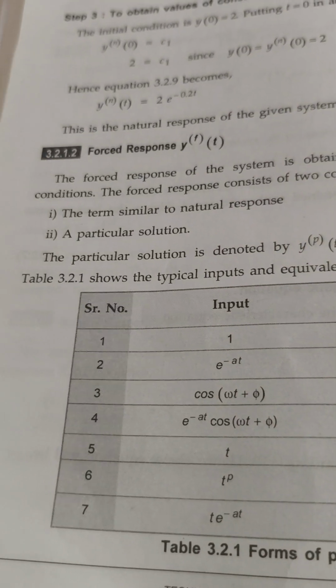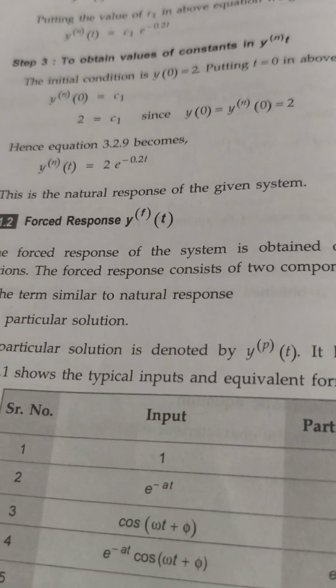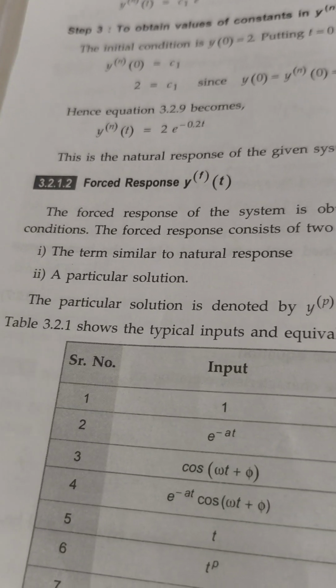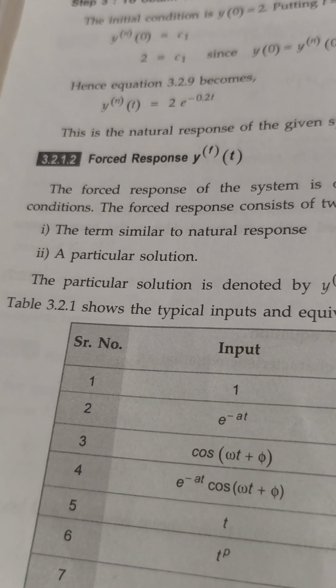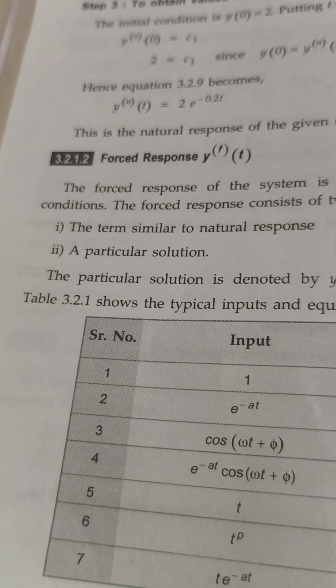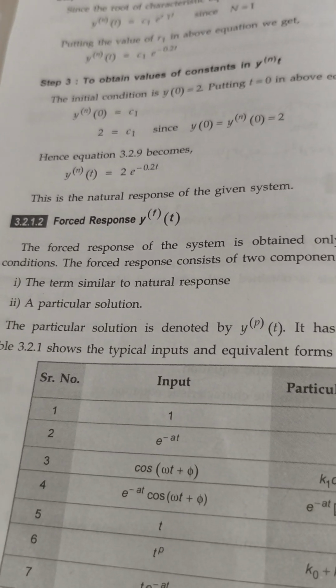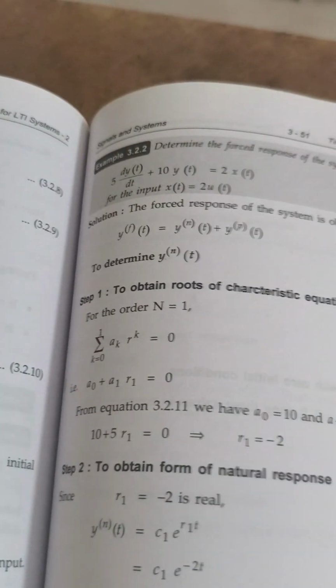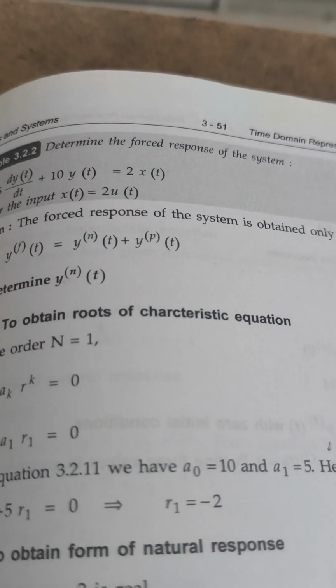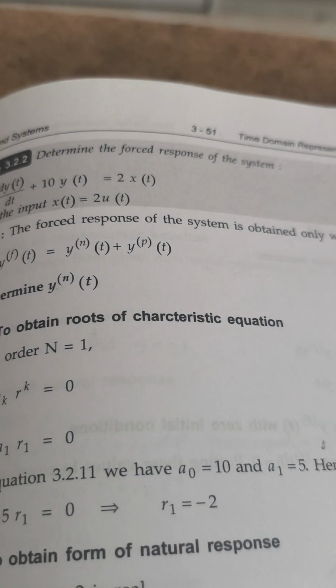With an example, we will come to know what the natural response, the term similar to natural response, and the particular solution are, so that we can find the forced response. Determine the forced response of the system.